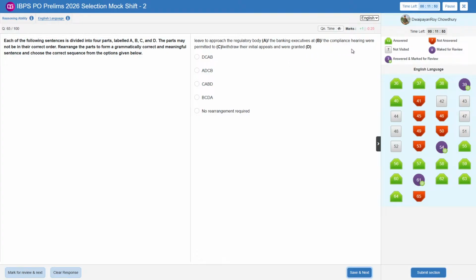The compliance, all no, the compliance hearing were permitted to withdraw their initial appeal and were granted leave to approach the regulatory body.